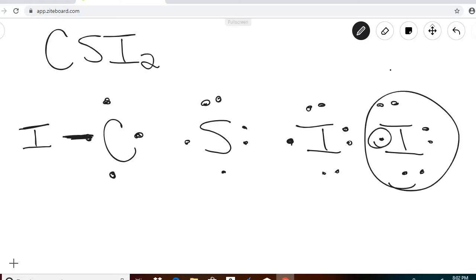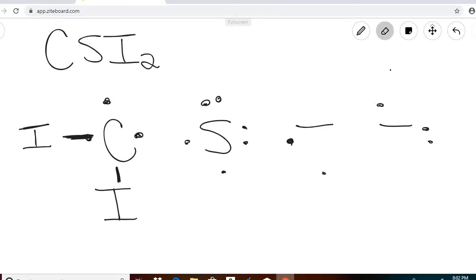We'll take this unpaired electron, bring it over here, and we'll share that with that carbon. So we'll draw that as a bond like this. Okay, so we're done. We've used up the iodines, and then let's go ahead and put the rest of the valence electrons on the iodines.